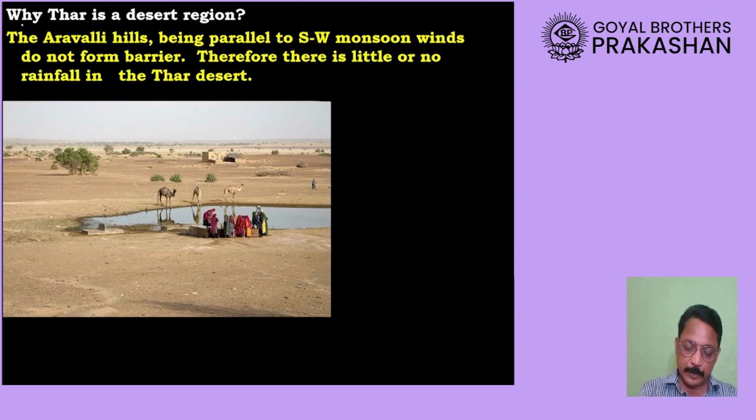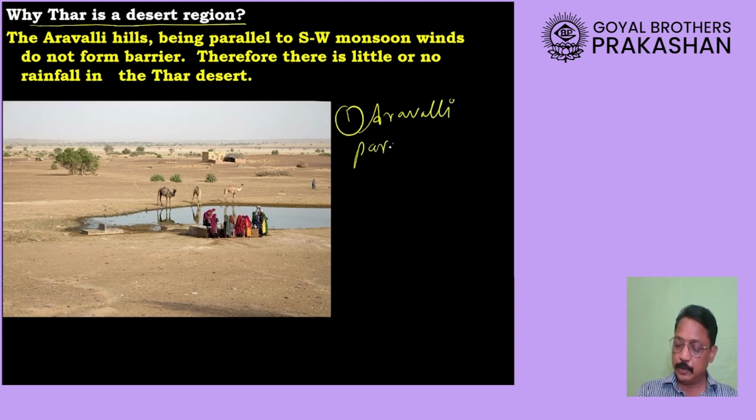So if the question is asked why Thar is a desert region, we now know that there are two important reasons why Thar is a desert. Reason number one, Aravalli mountain is lying parallel to the southwest monsoon winds which are blowing over the Arabian Sea. So therefore, Aravalli is not able to block them.